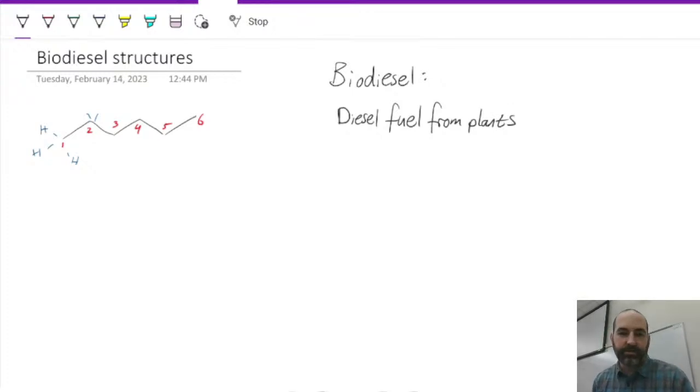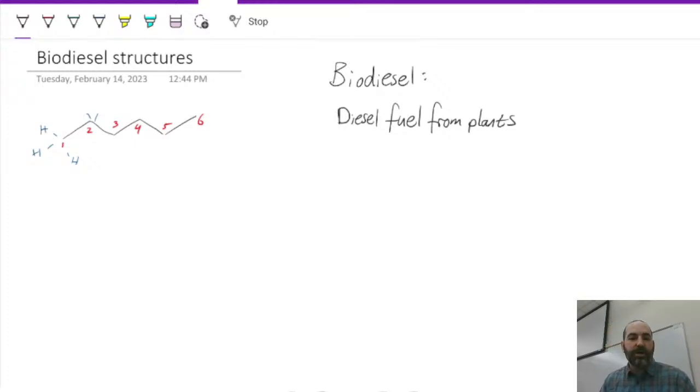Traditional or regular diesel fuel, non-biodiesel diesel fuel, comes from oil. So we get oil out of the ground where we get gasoline from, and the crude oil has all these different things in it, and it gets distilled, separated into its different components, and diesel is one of those components. And diesel is a special kind of fuel.